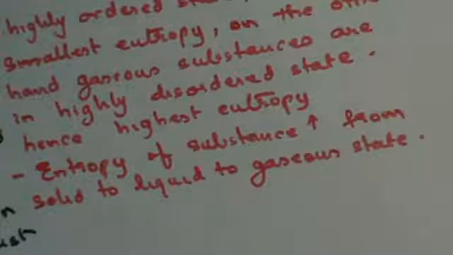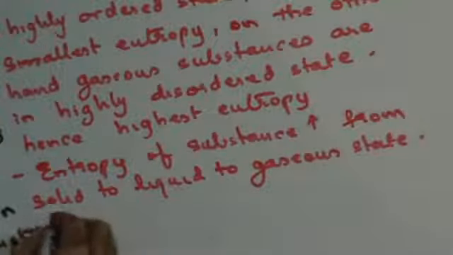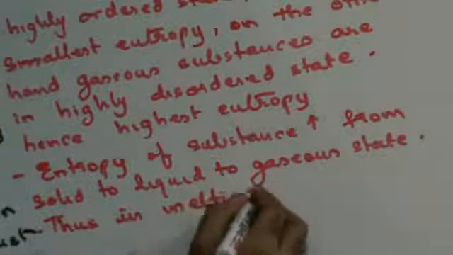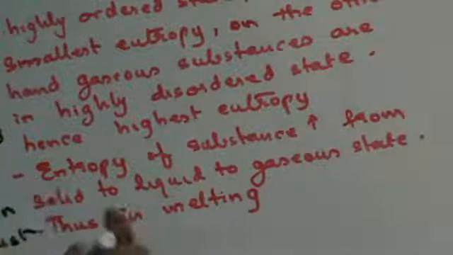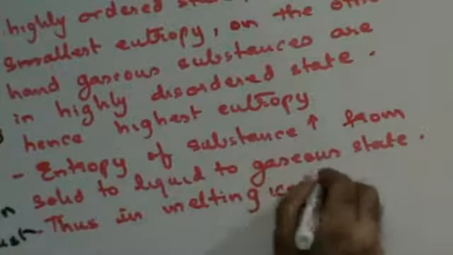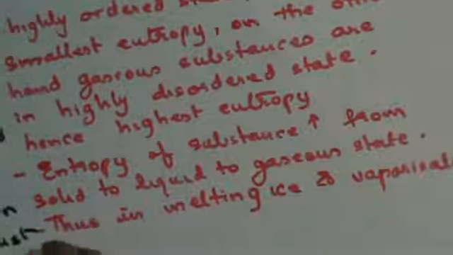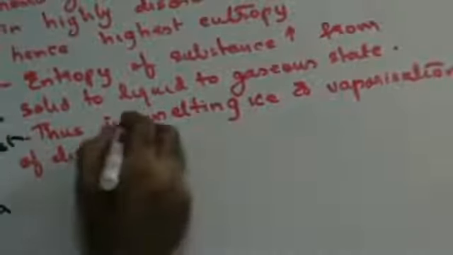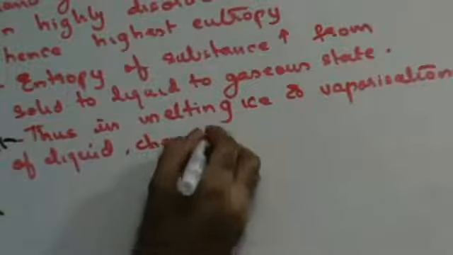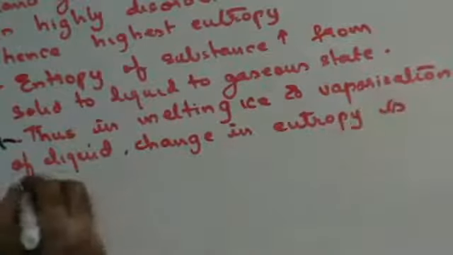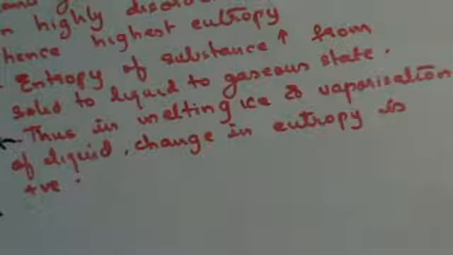Thus, in melting ice and in vaporization of liquid, if we say that the entropy is increasing, now remember it is increasing, thus the change in entropy must be positive. How do I know that the change in entropy is positive? Because we just stated that entropy is going to increase, right?